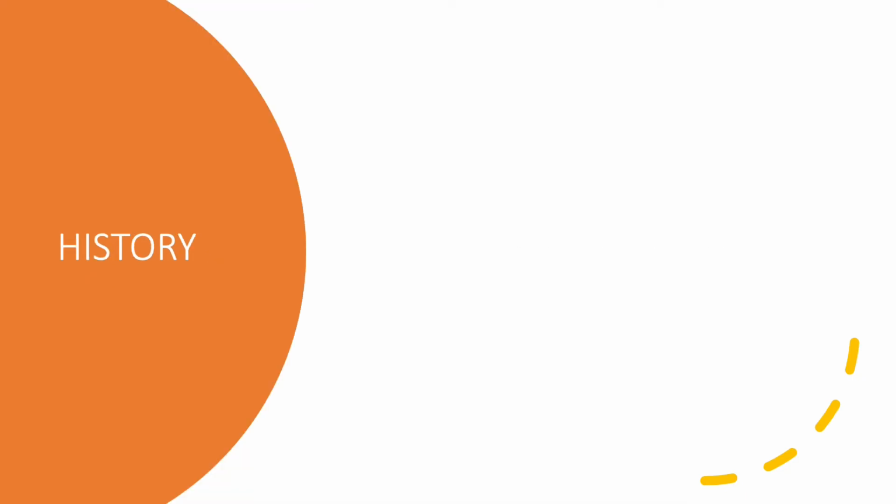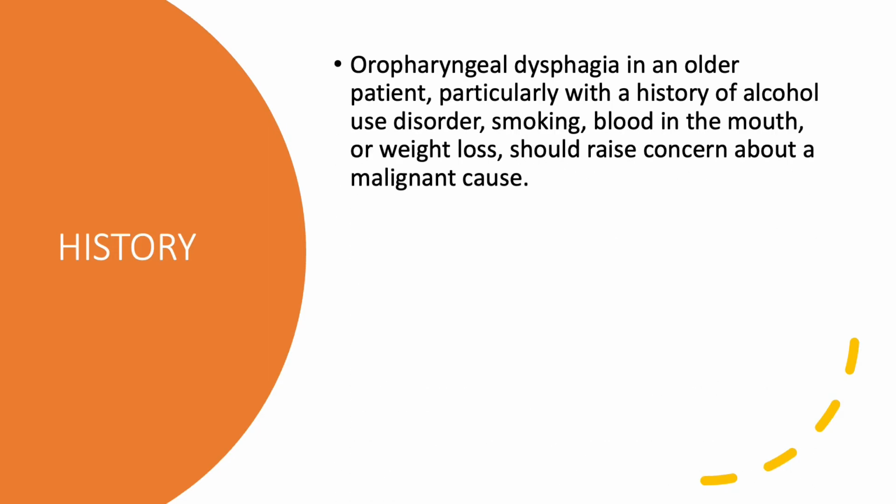A history of associated symptoms and risk factors for oropharyngeal dysphagia can help determine the underlying etiology. Oropharyngeal dysphagia in an older patient, particularly with a history of alcohol use disorder, smoking, blood in the mouth, or weight loss, should raise concern about a malignant cause.